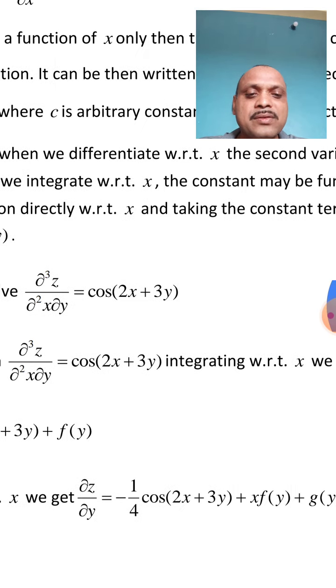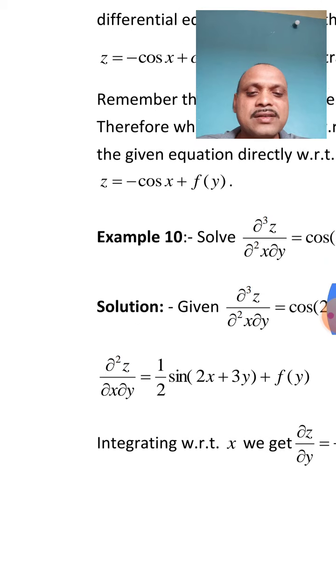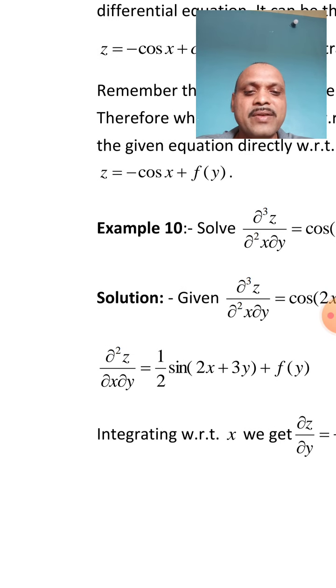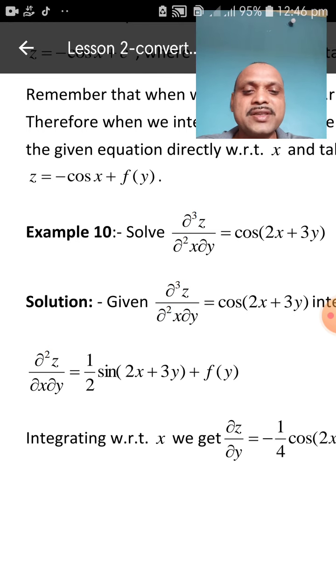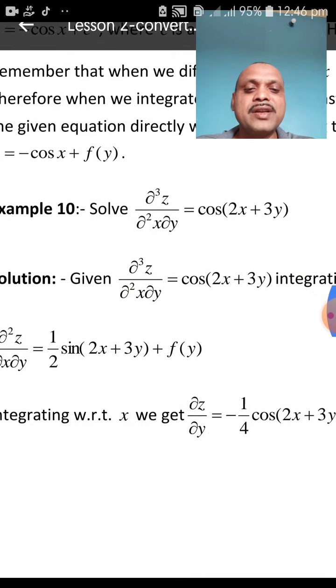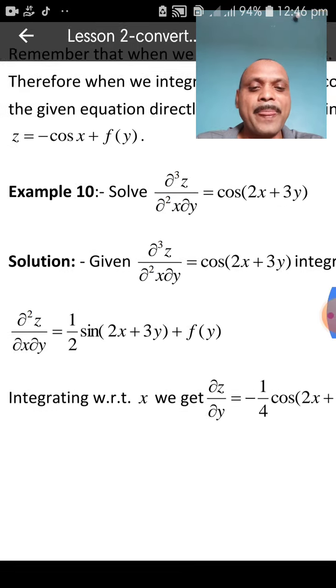Now we integrate this with respect to x and we get del 2 z by del x del y equal to sine of 2x plus 3y, where 3y is a constant, and the integration of 2x is 1 by 2, plus an integrating constant, which may be a function of y. So we have written here f of y.